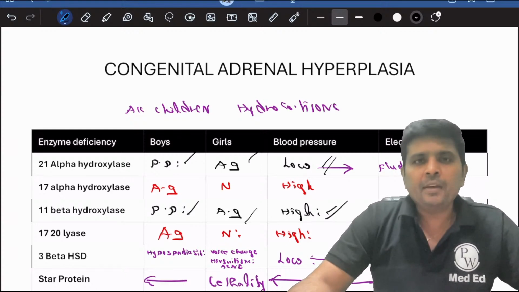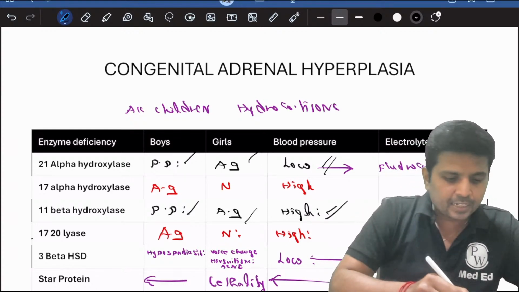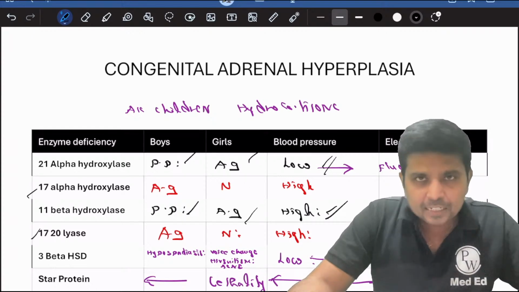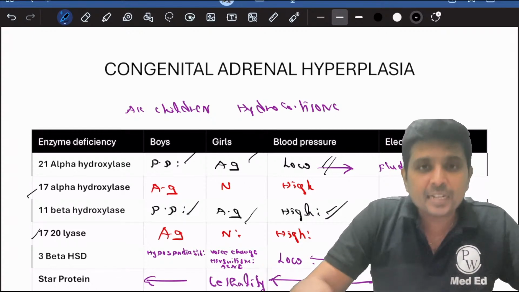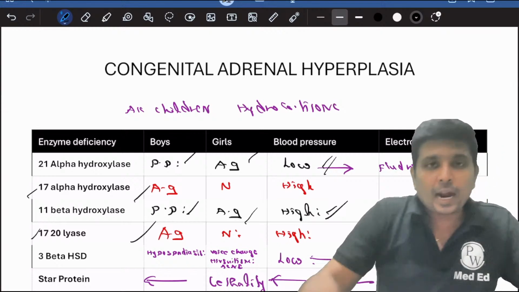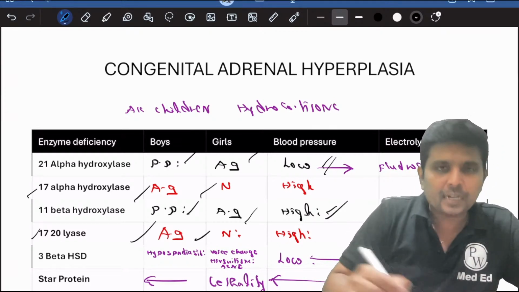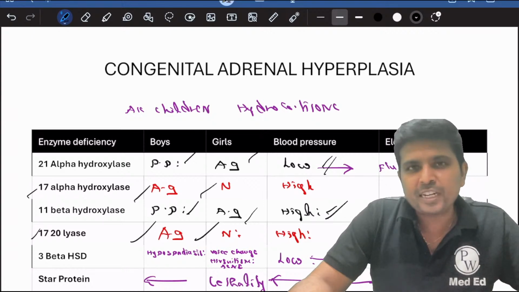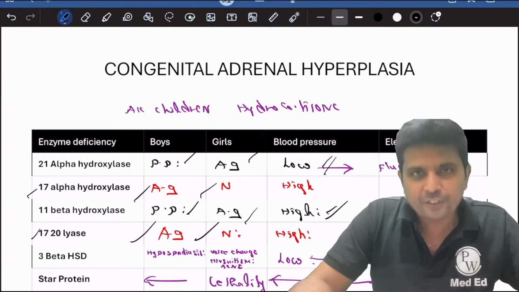So in 17 alpha hydroxylase and 17,20 lyase deficiency, testosterone production will not be there, as a result of which you will get atypical genitalia in a boy and normal genitalia in a girl, because a girl doesn't require any testosterone. Absence of testosterone means the genitalia will become female.